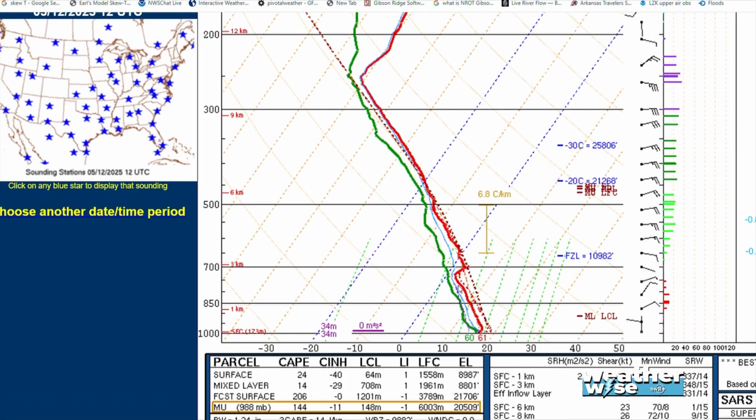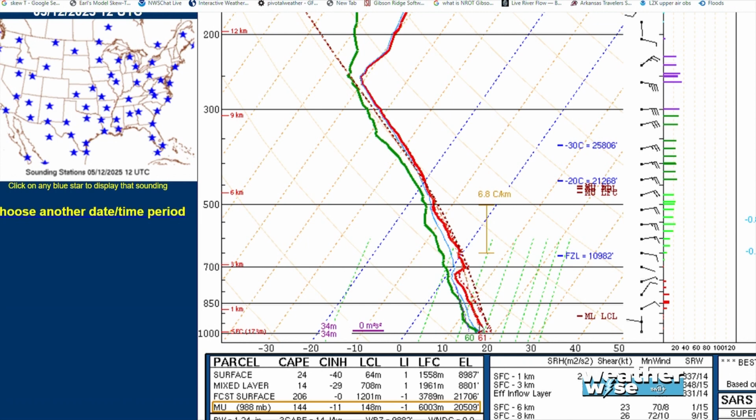No surprise. Although, right here, just below the 700 millibar line, we actually have an increase in temperature. And when you have an increase in temperature, that's known as an inversion. An inversion can stifle storm development and can be a lid to storm development in certain cases.